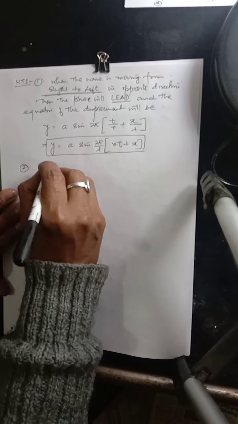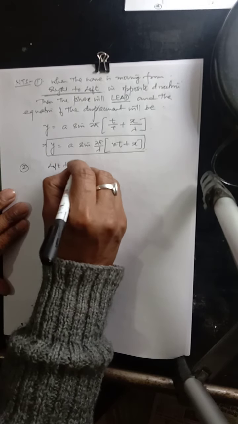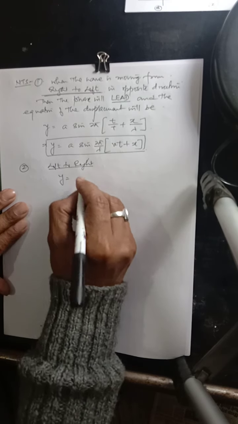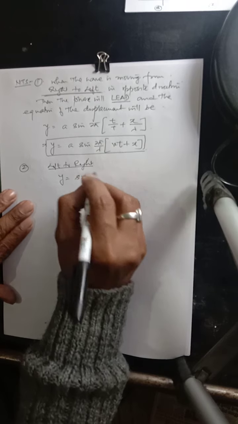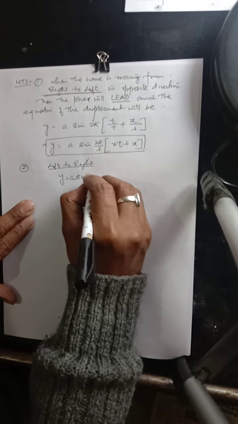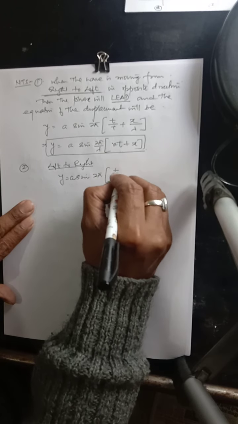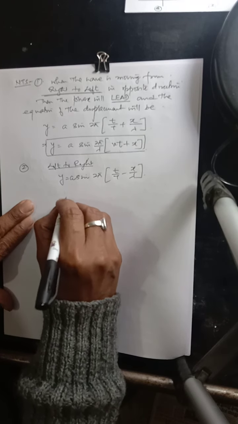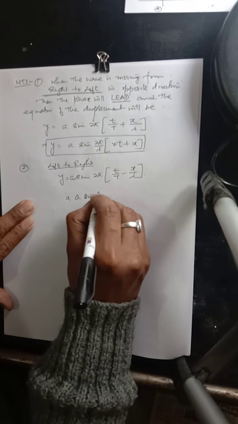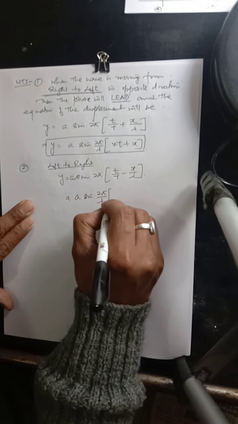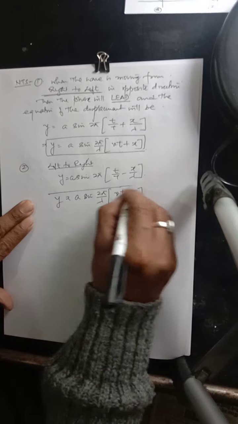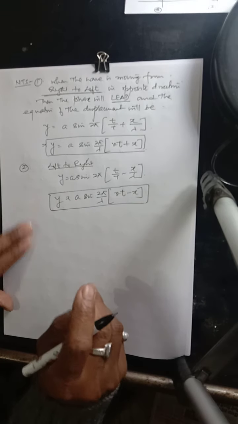The second, when left to right, the equation will be y equals a sine 2 pi, t by T minus x by lambda, a sine 2 pi by lambda, that is equal to vt minus x, that is the value of y.